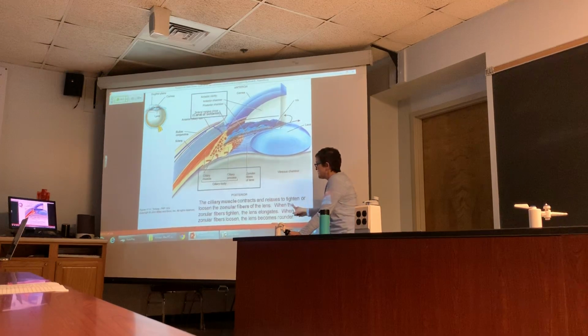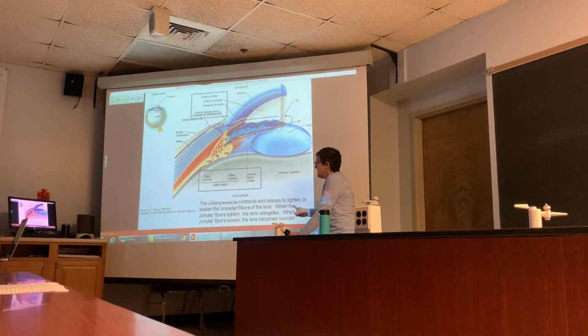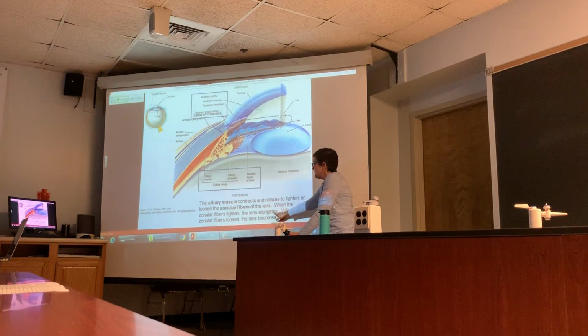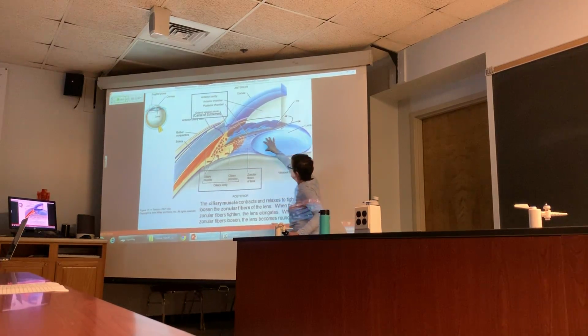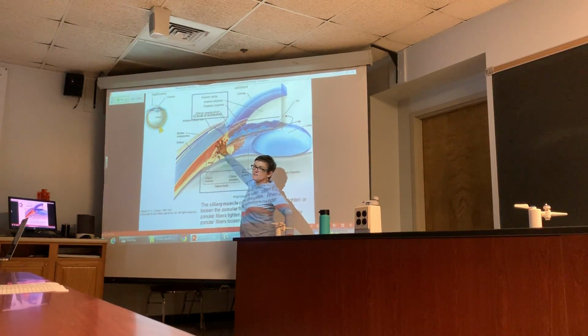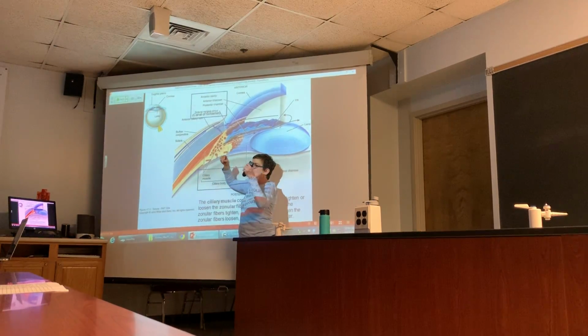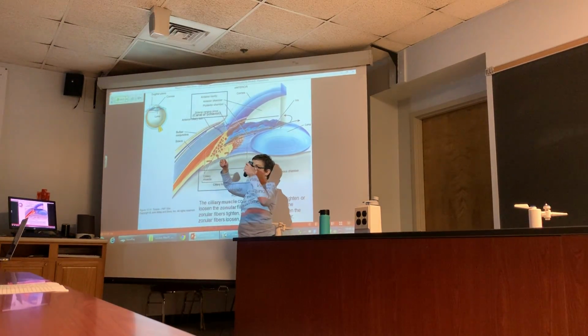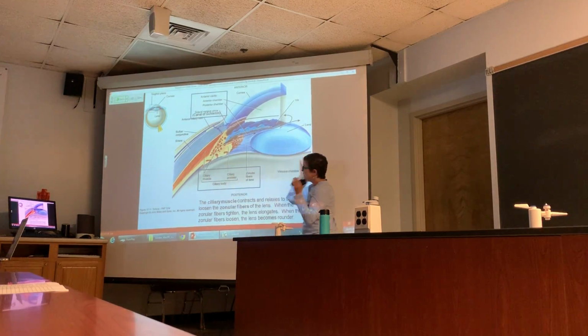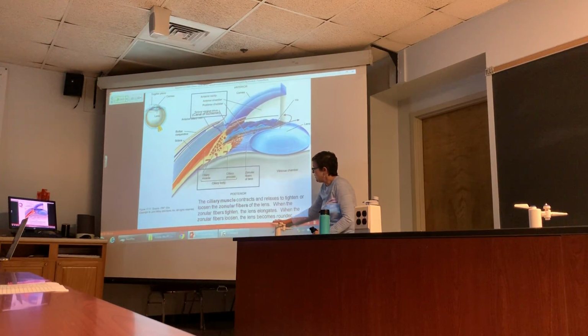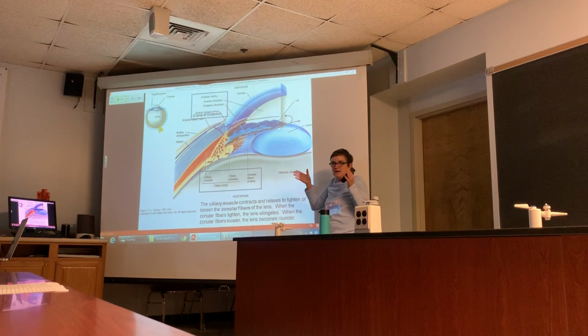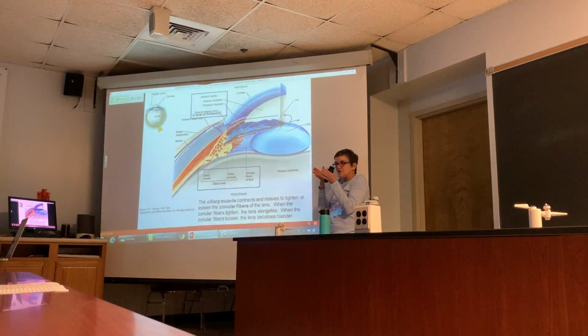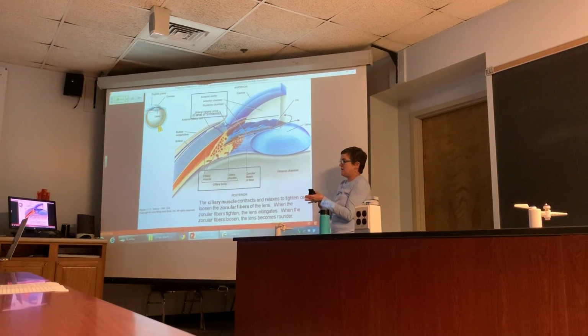Notice it says that when the zonular fibers tighten, when the muscle contracts, it's going to tighten those fibers. The lens elongates because it's pulling on it. So when you're looking at far vision, you're contracting the muscle, pulling the fibers, elongating the lens. When you're focusing up close, you are loosening those fibers, allowing that lens to change to a more round shape.